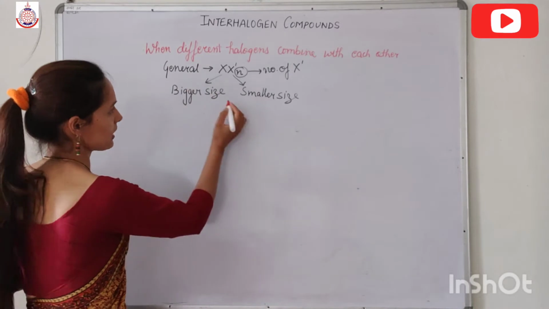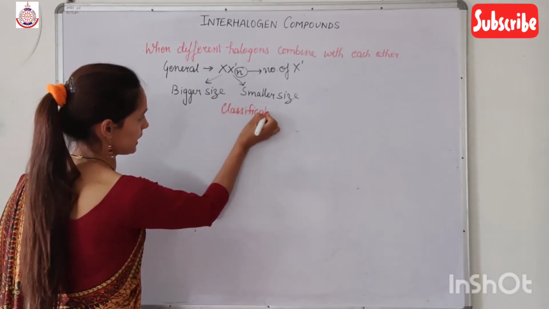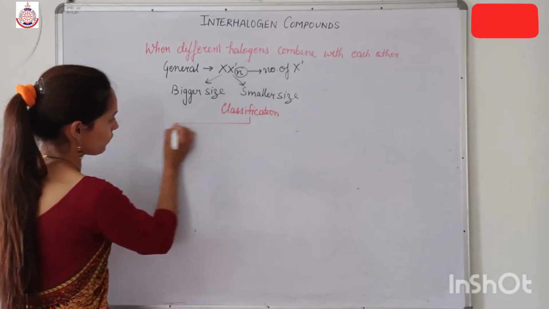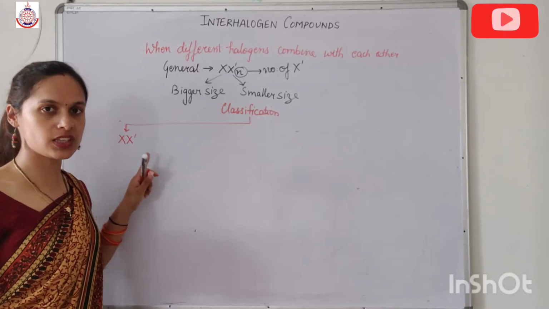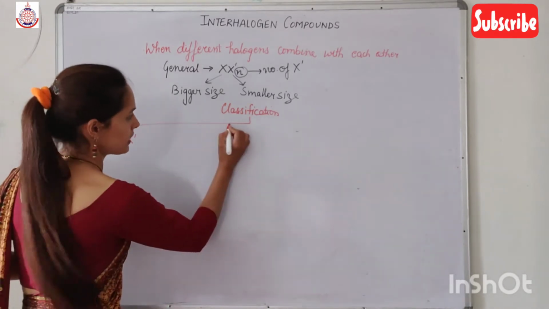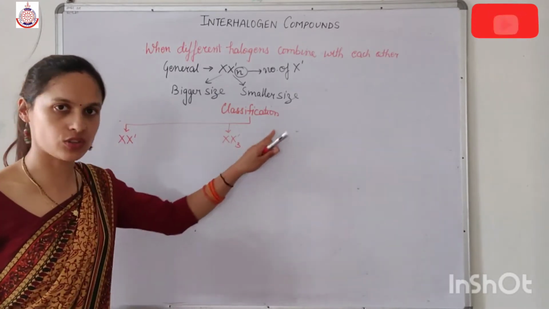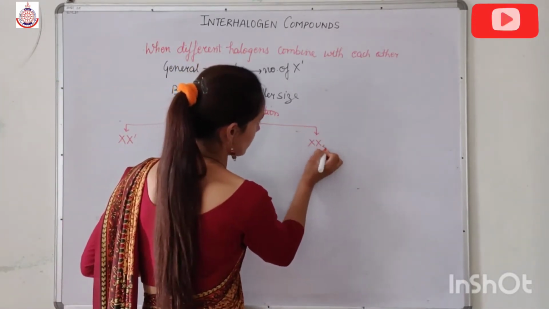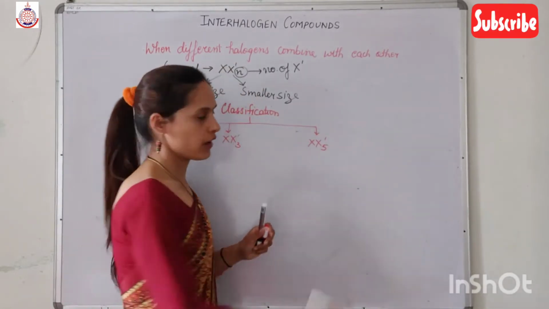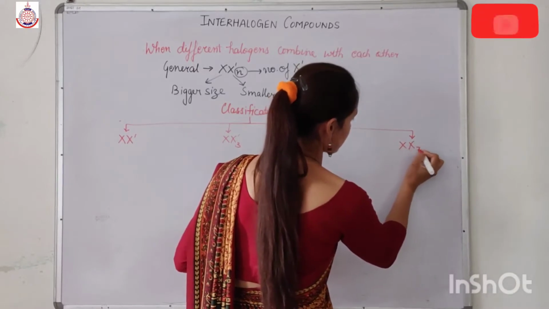First, on the basis of the +1 oxidation state, that is XX'. Second, +3, that is XX'3. Third, +5, that is XX'5. And fourth, +7, that is XX'7.